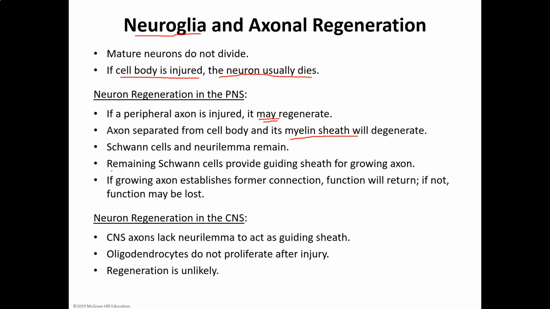The Schwann cells guide that new axon growth because they're still in place. They may have gotten damaged, but they didn't get destroyed. The Schwann cells will guide this new axon, and then they will cover it with myelin. If the growing axon establishes a former connection, the function will return.